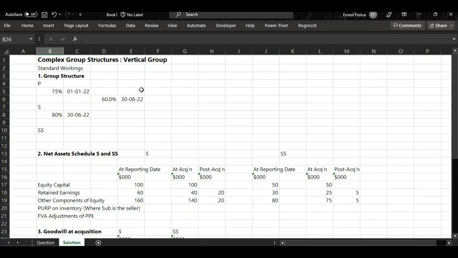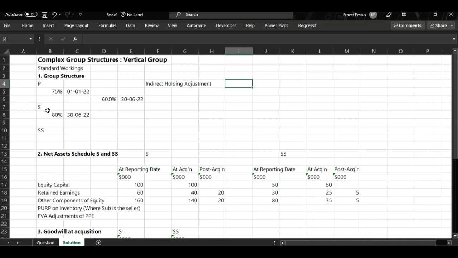So we have what you call the indirect holding adjustment.